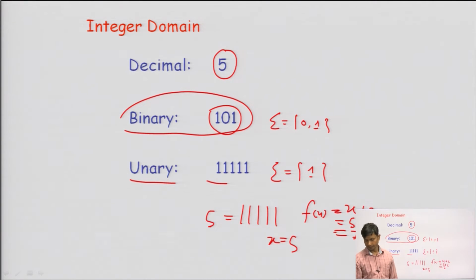You have to do it like that in the Turing machine. Here we have taken decimal number 5; as per your requirement you can take a binary input alphabet or a unary input alphabet.